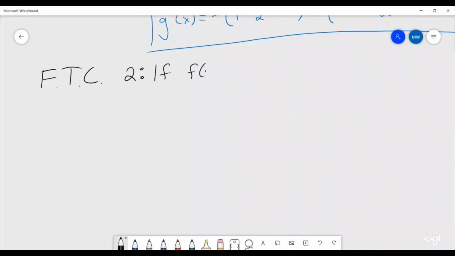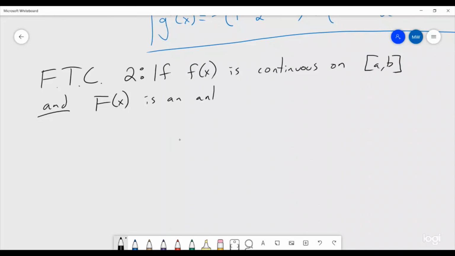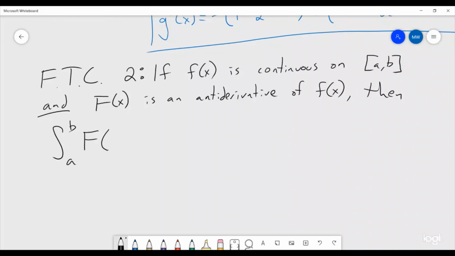It says if f of x is continuous on the interval a to b, and big F of x is an antiderivative of f of x, then the integral from a to b of little f of x dx is equal to big F at b minus big F at a.